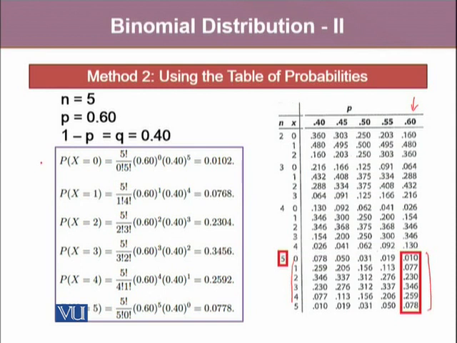When we calculated it using the formula of the probability mass function, the probability of x equals 0 turned out to be 0.0102. Calculating it using the table, you will notice that when n is 5 and x is 0, the value at P 0.60, the probability, is 0.010.